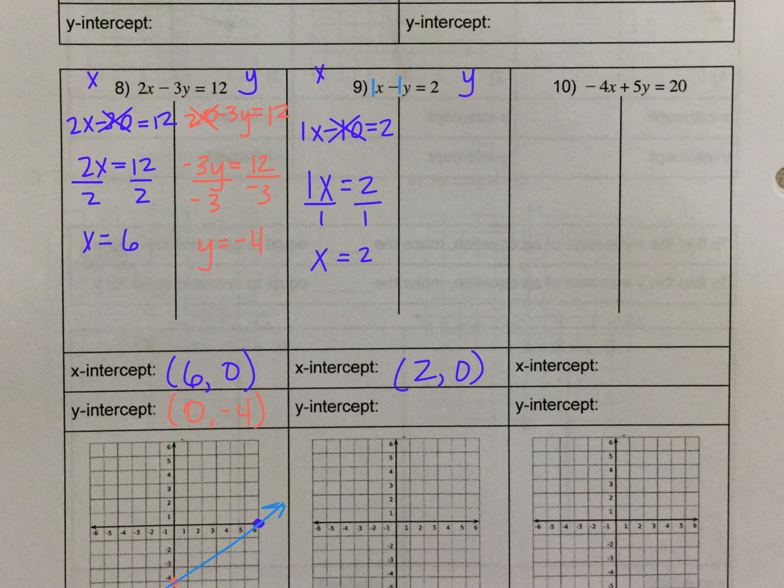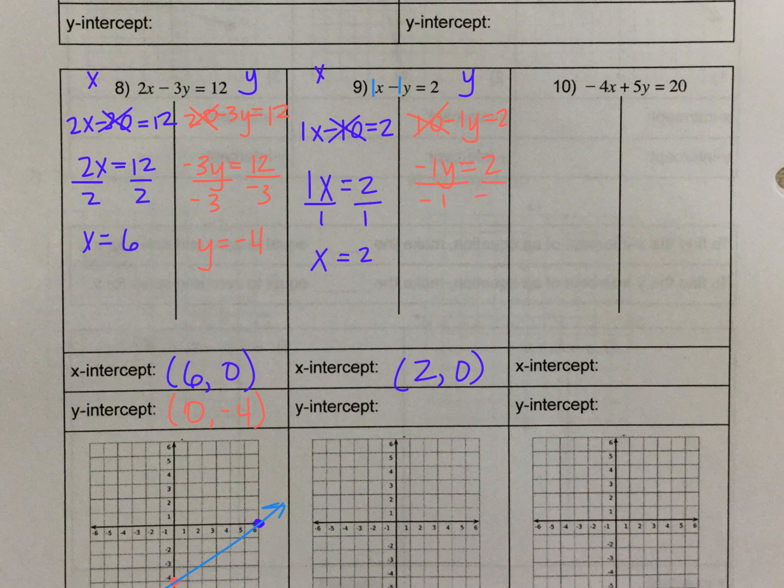Now I'm going to do it again for the y. 1x minus 1y equals 2. This time I'm going to erase my x and write in a times 0. 1 times 0 is 0, so that marks out. Negative 1y, don't forget that negative, equals 2.